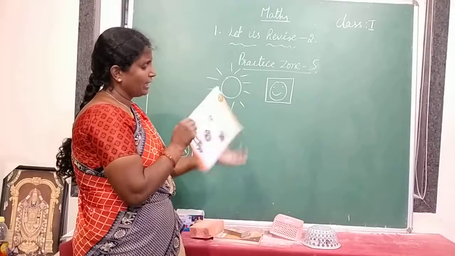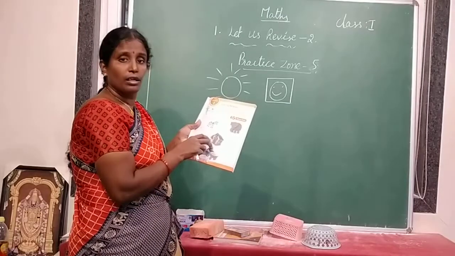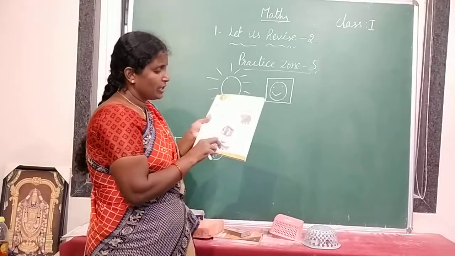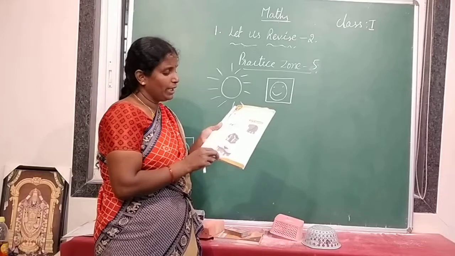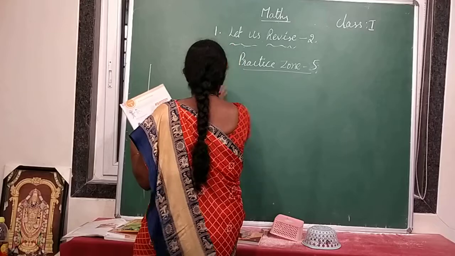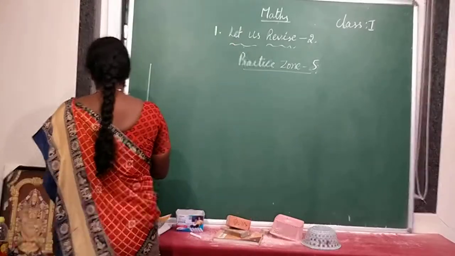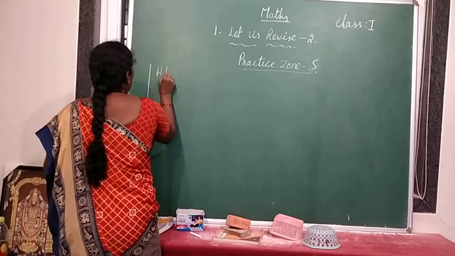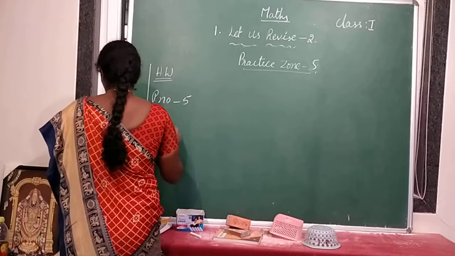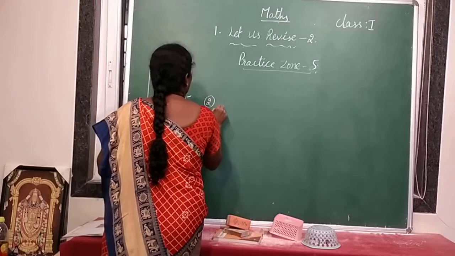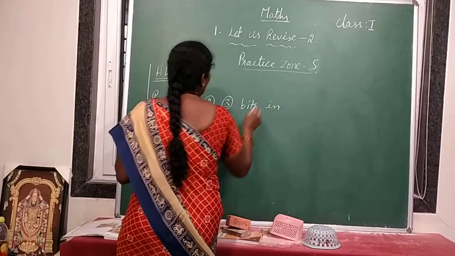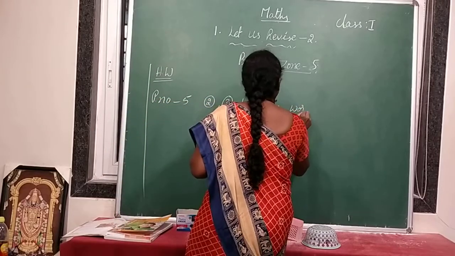For the second one, put the tick for the child who is on the top, and next tick the object which is under the table. So complete these two. This is your homework. Page number 5, sums 2 and 3 in the worksheet.